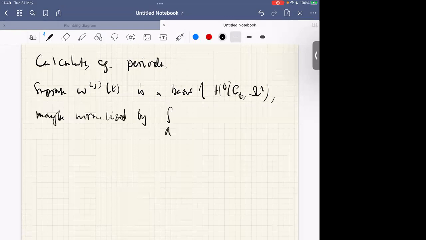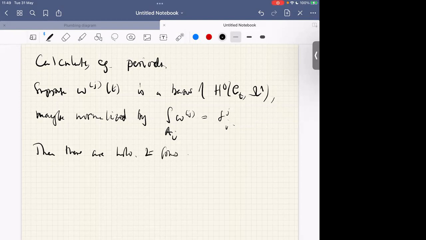The integral around an A cycle of omega j is the Kronecker delta. So then we can write: there are holomorphic two forms, capital omega, on the total space.